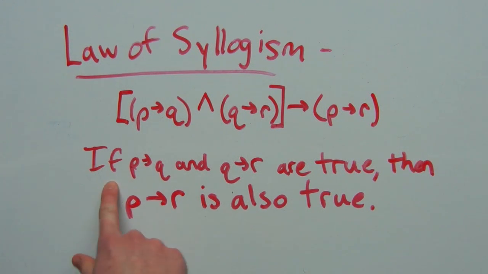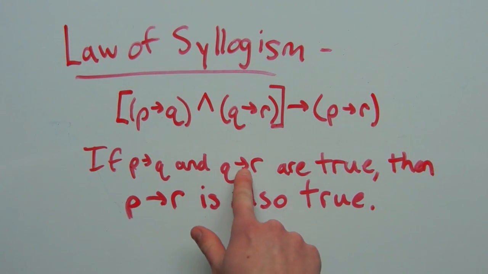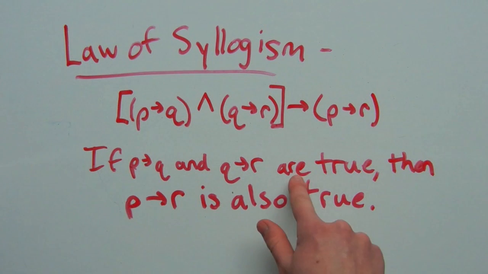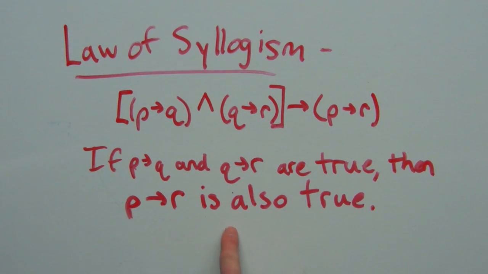If P implies Q and Q implies R, if those are both true, then P implies R is true as well.